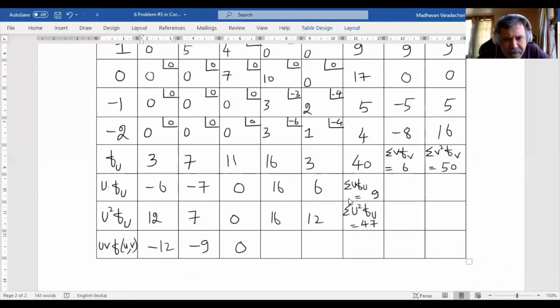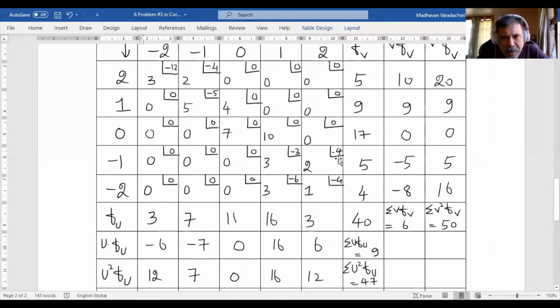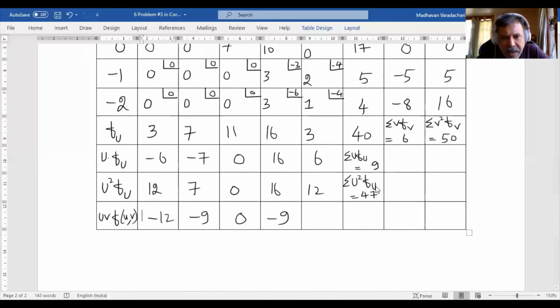So it is minus 9. Here the boxes, minus 4, minus 4. So it is minus 8. That means summation u into v into f u comma v is equal to, if I add this, minus 12 minus 9, minus 21, minus 21 minus 9, it is minus 30, minus 30 minus 8, it is minus 38.